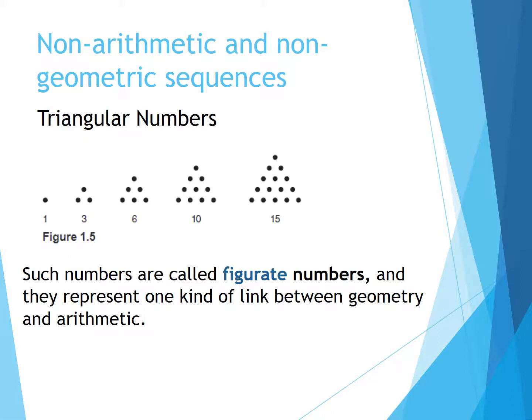And then we also have types of sequences that are not arithmetic and not geometric. They don't necessarily have a core that repeats. We could think of it as a core that grows, but they form different figures. So we call these figurate numbers. So the triangular numbers: if I start with 1 dot and make the next triangle with 3, and I add on another side by adding 3 more, and then here I add on another side on the bottom by having 4.